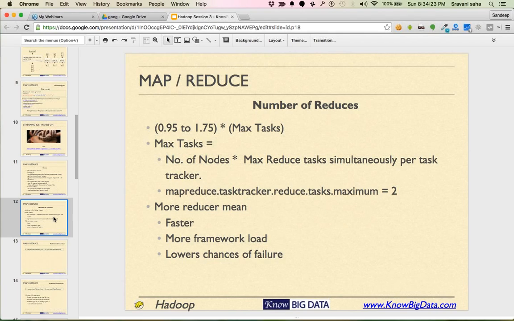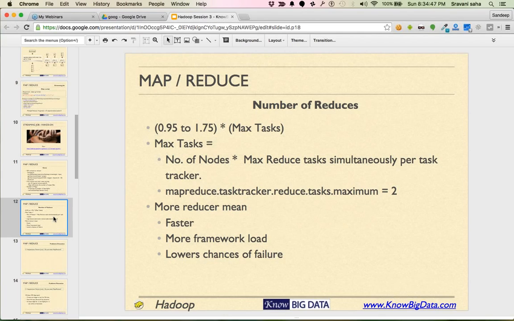In our word count, our conversion from block to input split was very straightforward, as our block size was very similar to the input split.